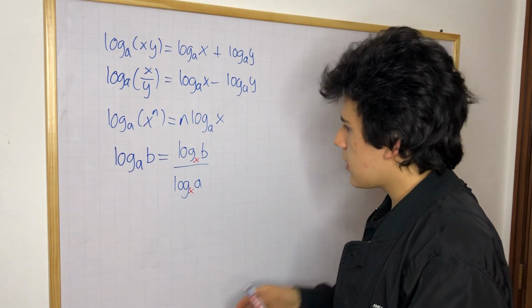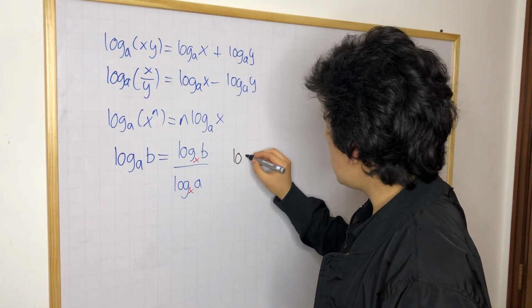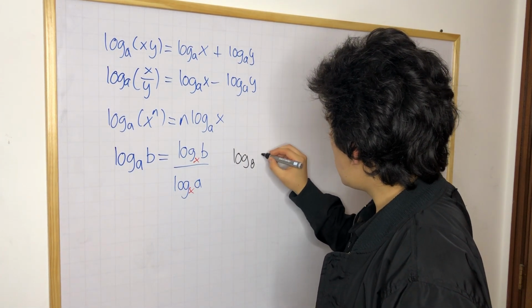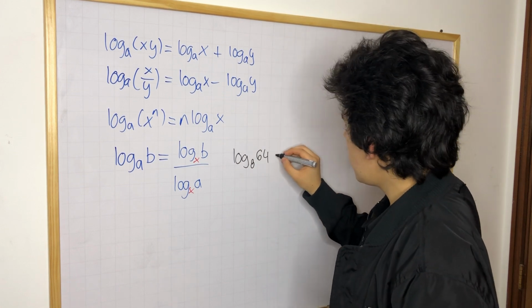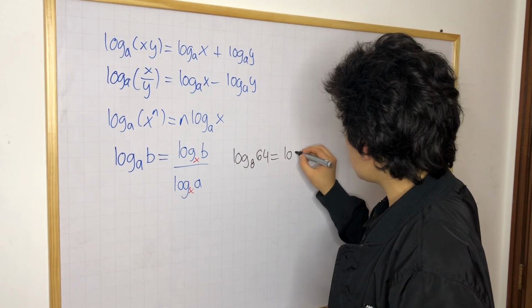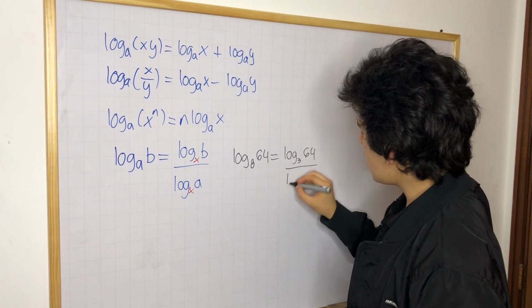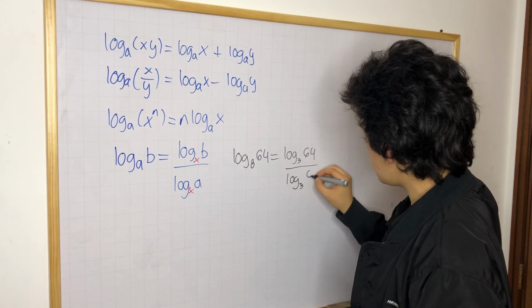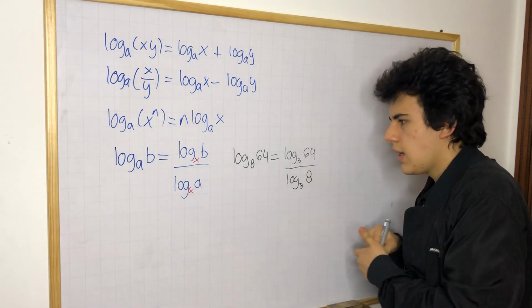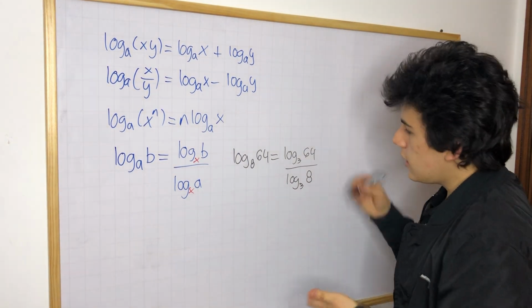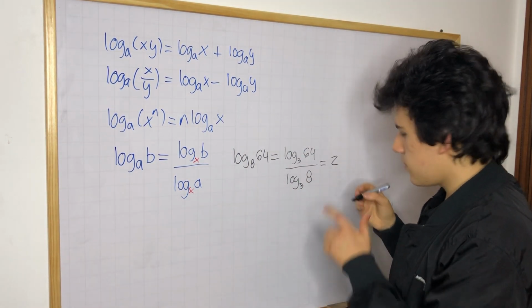So just to give you a quick example, if you have log base 8 of 64, you can do the following. You can say this is log base 3 of 64 over log base 3 of 8, okay? This equation is true. And this, of course, should also be 2, okay?